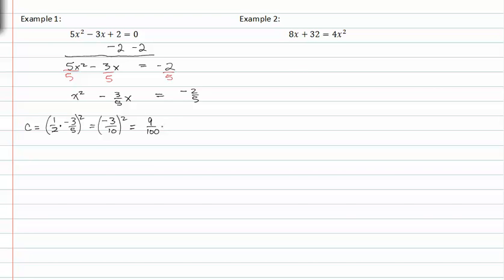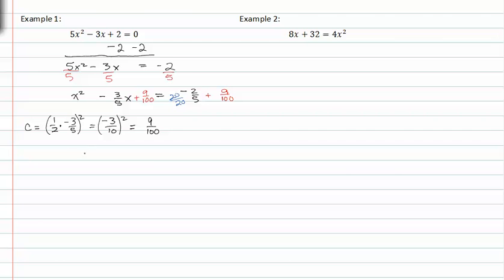If we add 9/100 to both sides of this equation, we need to build up that fraction on the right side of the equation by 20/20.